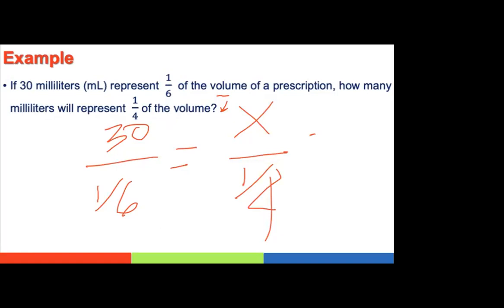Tignan nyo, kapag i-decimal nyo muna yung 1/6 and 1/4, ang makukuha nyo 44.99, 44.999.